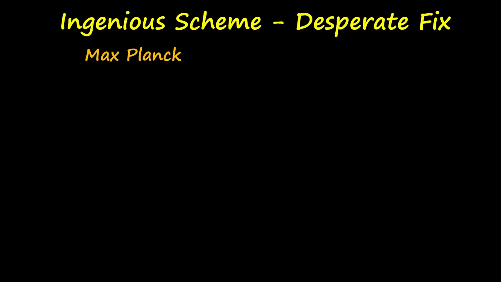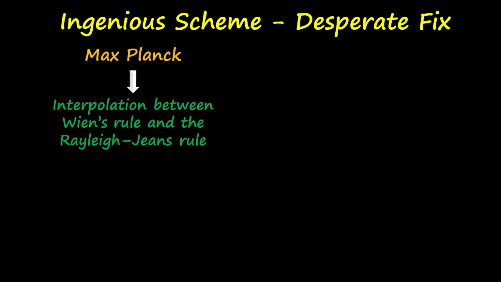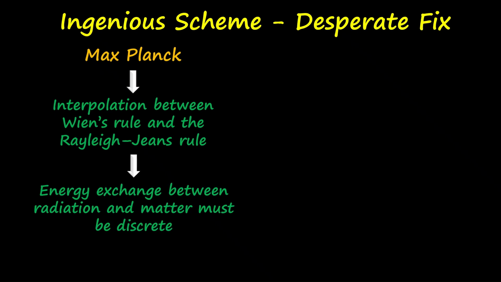Then came Max Planck with an ingenious scheme. He wanted a formula that smoothly connects the Rayleigh-Jeans law at low frequency with Wien's law at higher frequency. And to make it work, Planck introduced a radical assumption that the exchange of energy between the matter and the radiation is not continuous, but comes in discrete packets.